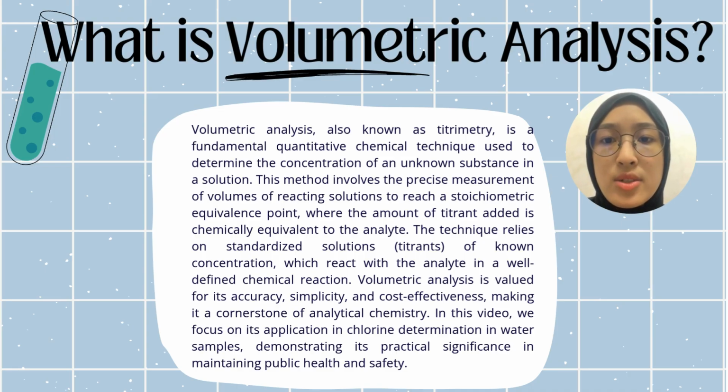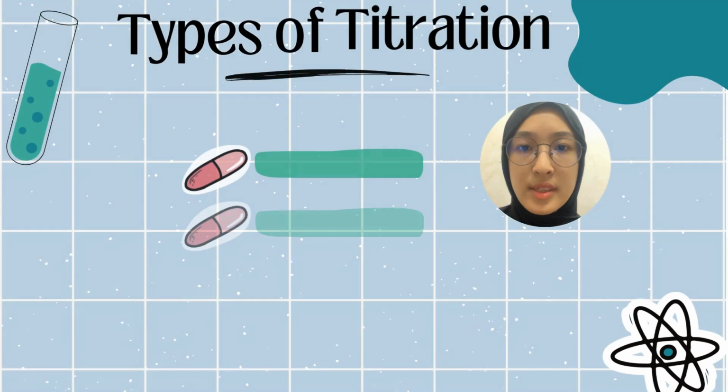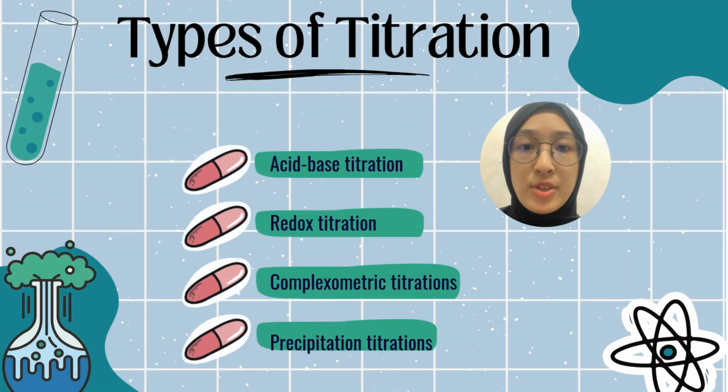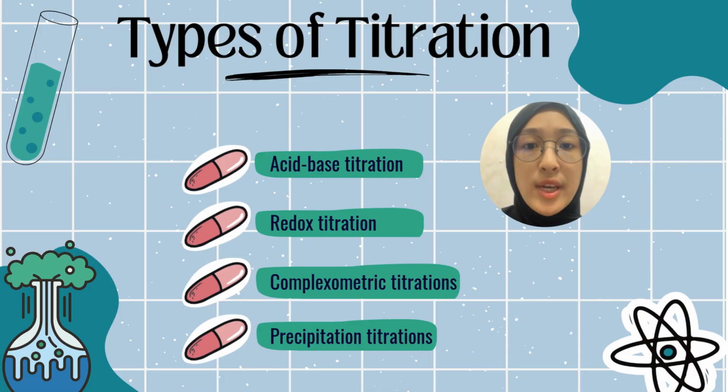The technique relies on standardized solutions, which are the titrants, of known concentration, which react with the analyte in a well-defined chemical reaction. Volumetric analysis is valued for its accuracy, simplicity, and cost-effectiveness, making it a cornerstone of analytical chemistry. In this video, we focus on its application in chlorine determination in water samples, demonstrating its practical significance in maintaining public health and safety.